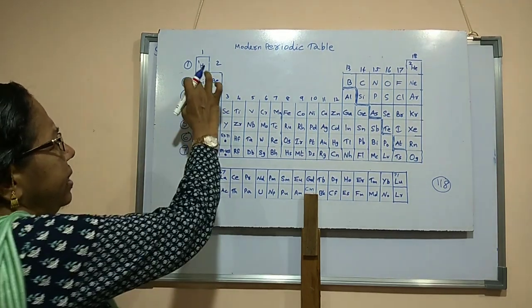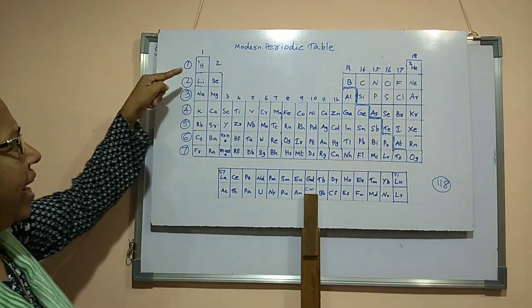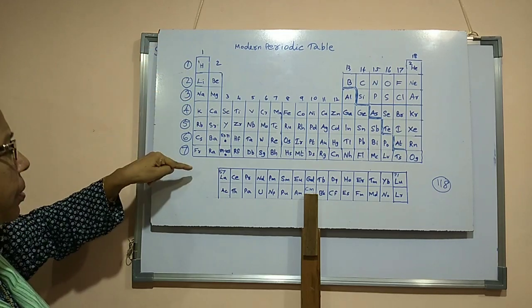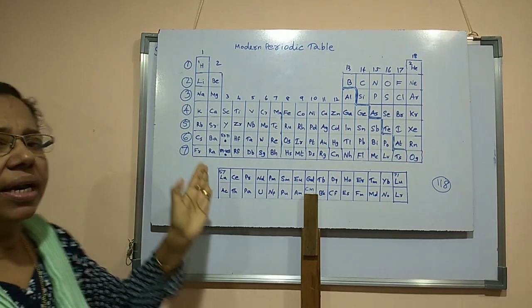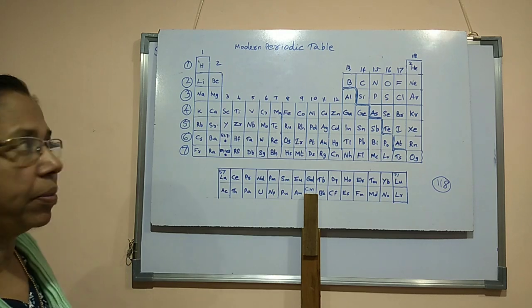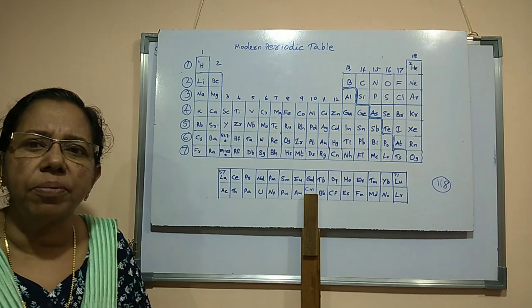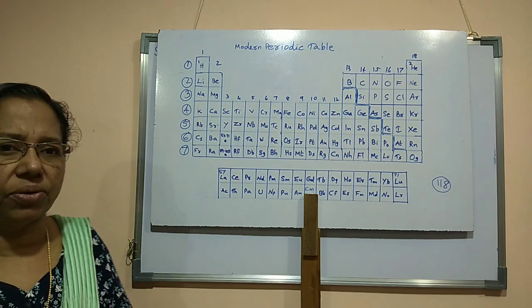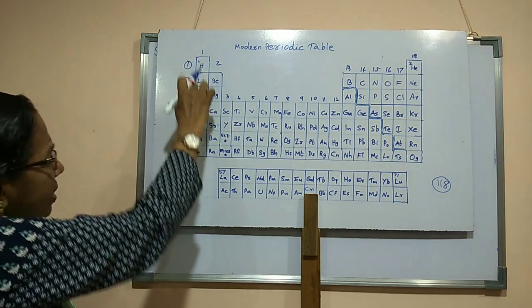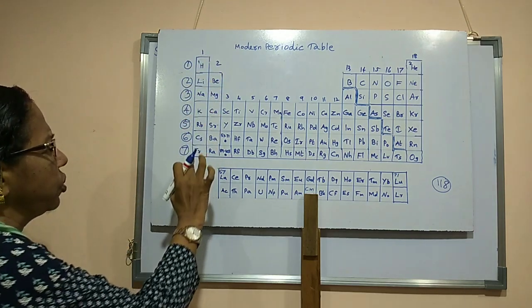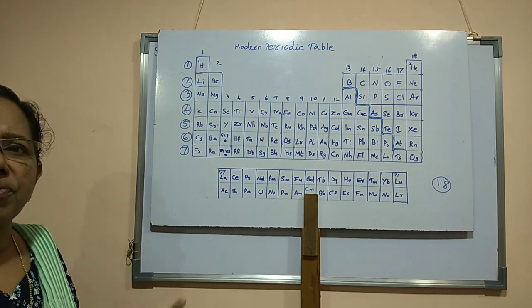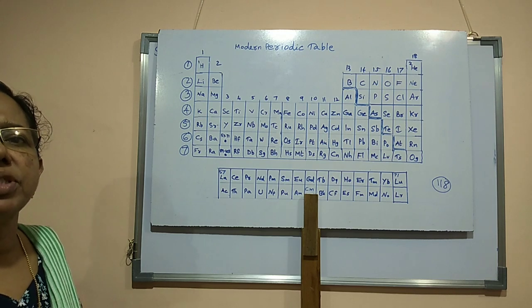Now lithium, lying in the same group, also has one electron in its outermost orbit. Then the next element, sodium, also has the same number of electrons in its outermost orbit. Similarly, all the elements present in the first group have the same number of electrons in their outermost orbit.